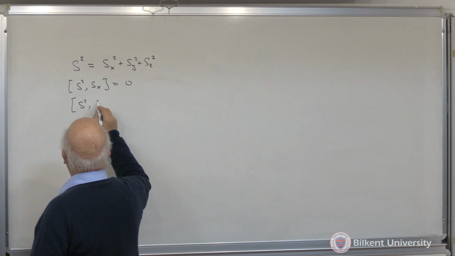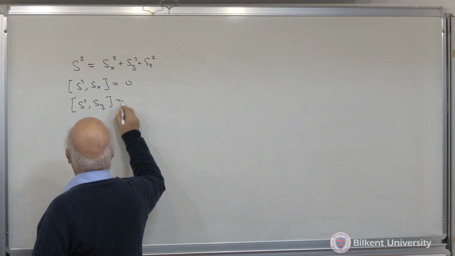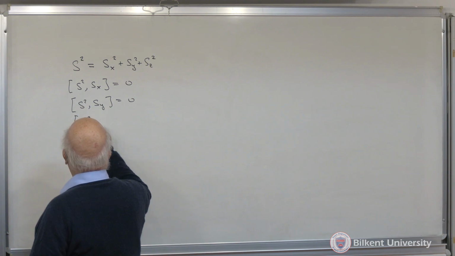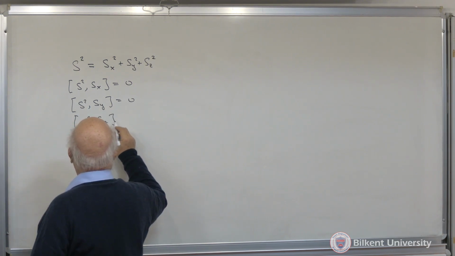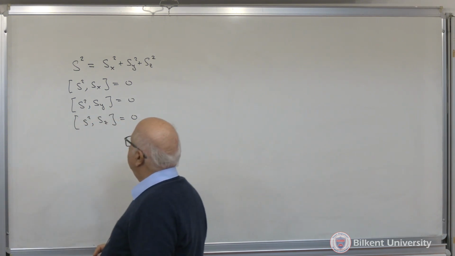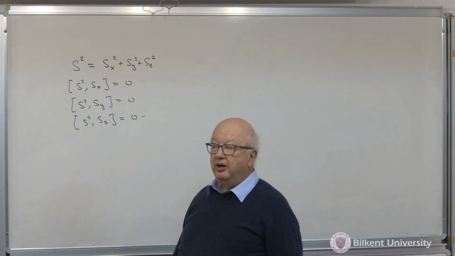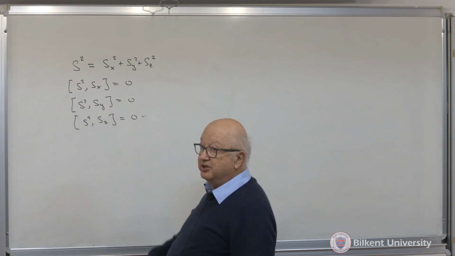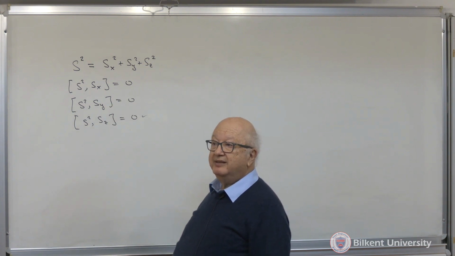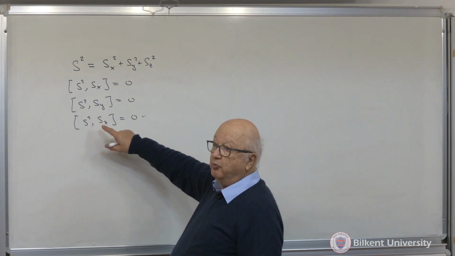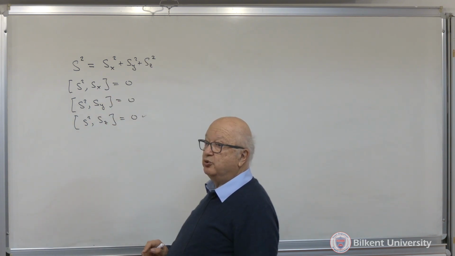So S squared Sy is equal to 0, S squared Sz is equal to 0. That means I can just pick up one of them, say Sz, and construct eigenkets which are eigenkets of both Sz and S squared.